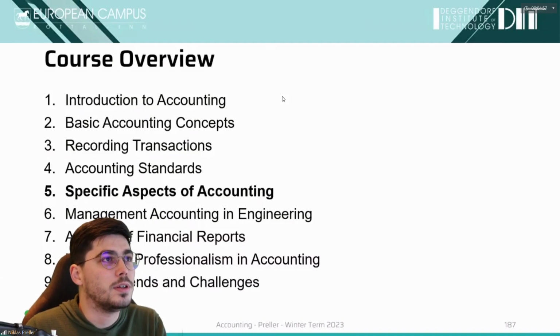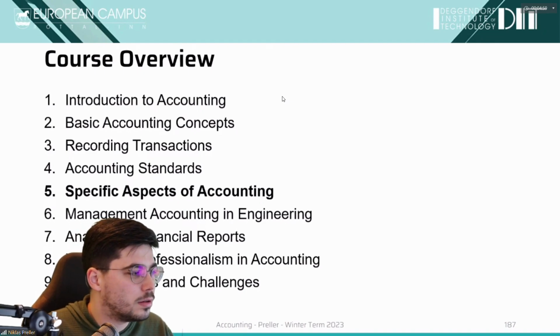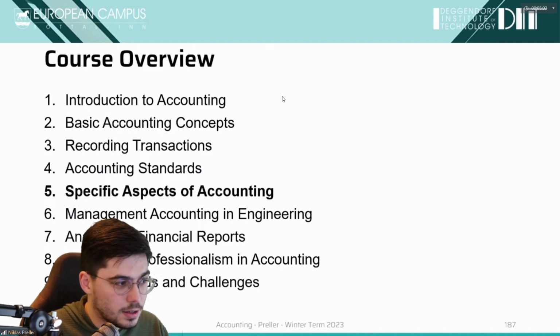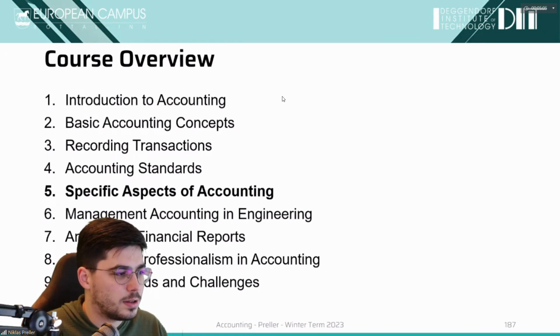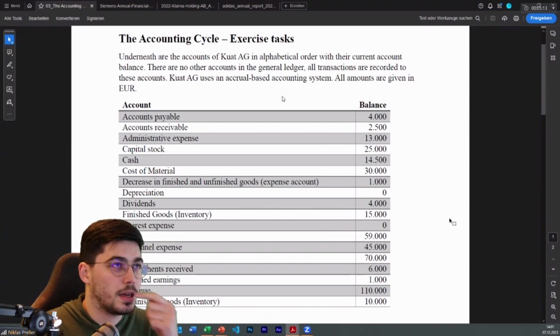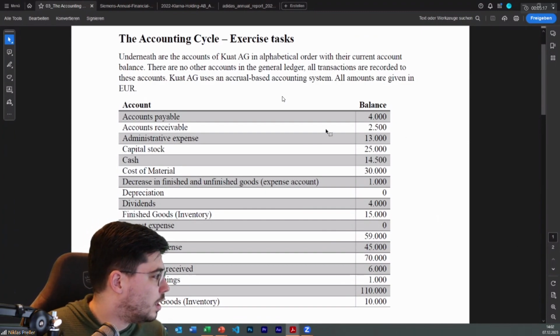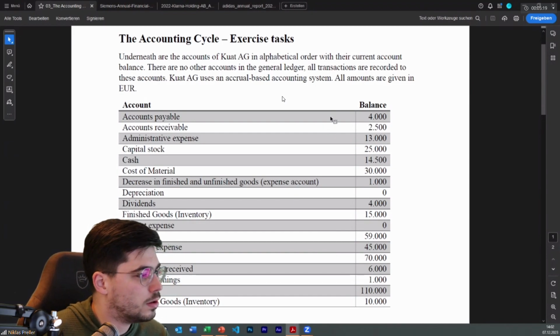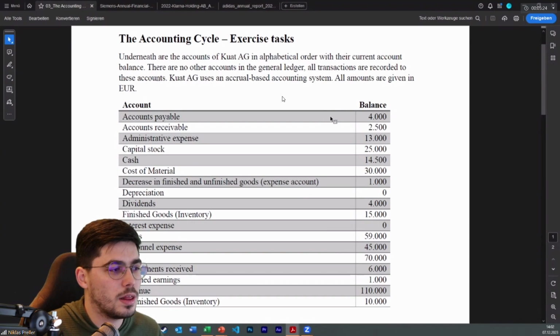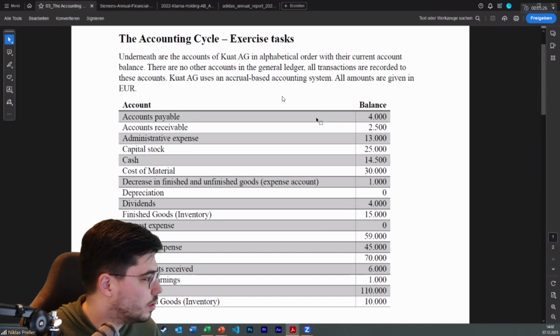Okay, so for today, we have two things. Second of all, what you see behind me, the specific aspects of accounting that we will get into, chapter 5, today. But first of all, we will get into the accounting cycle exercise, which I uploaded last week. I hope it did not pose that much of a challenge to you.